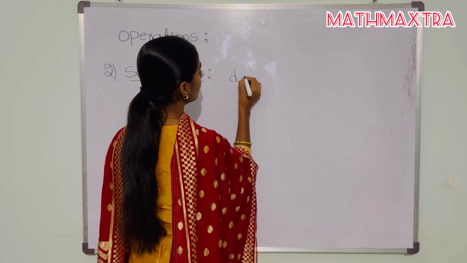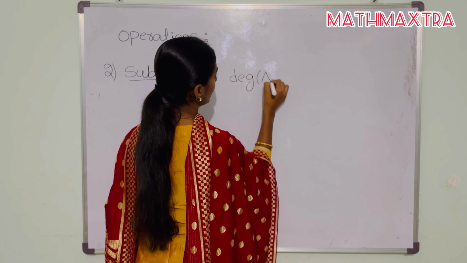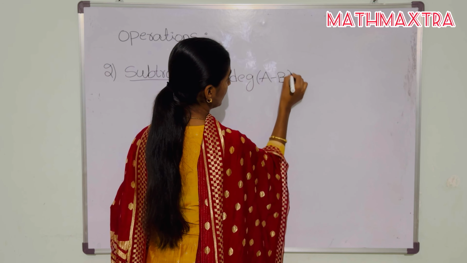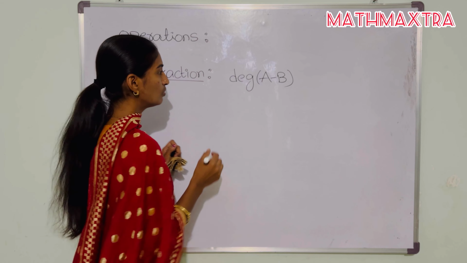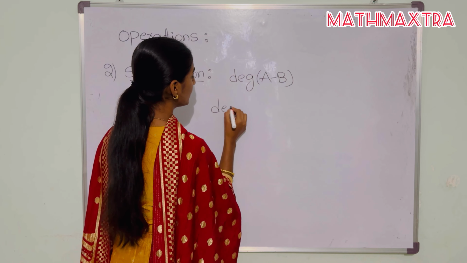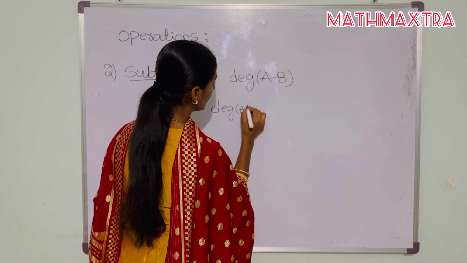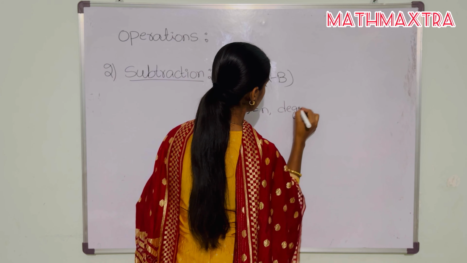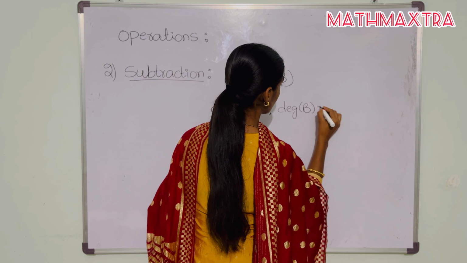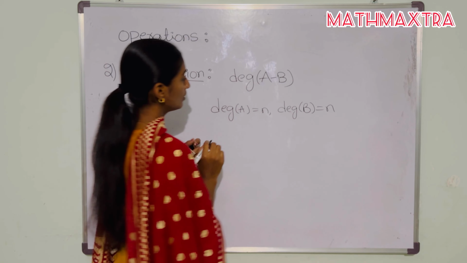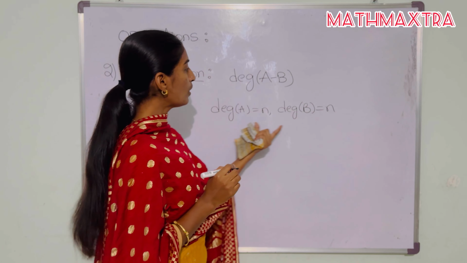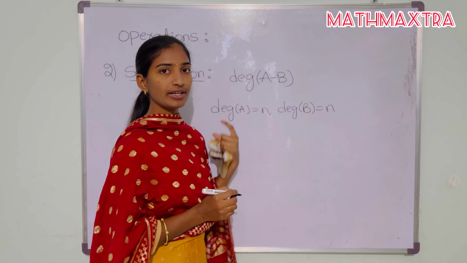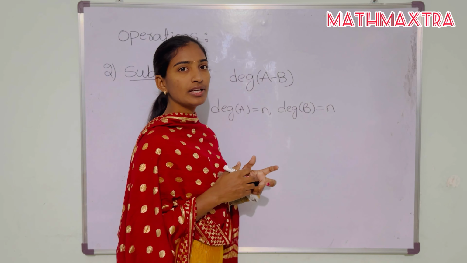The degree of a minus b or b minus a. Degree of a minus b: if you take the degree of a equal to n and the degree of b equal to n, so I have considered two algebraic expressions of the same degree.